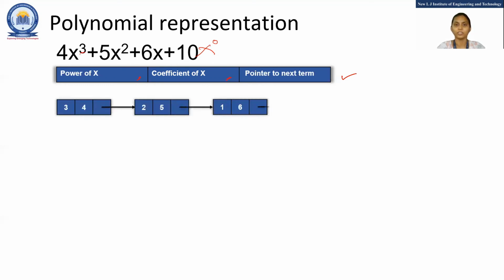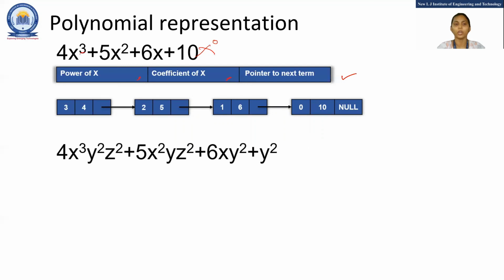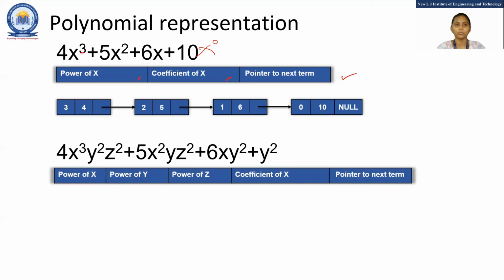You can represent different types of polynomials with the help of linked list. Consider the case where you have 3 variables. In that case, how can you represent it? Here, the first data would have the power of x, the second data the power of y, the third data the power of z, and then the coefficient of the term, not of x, it is the term.